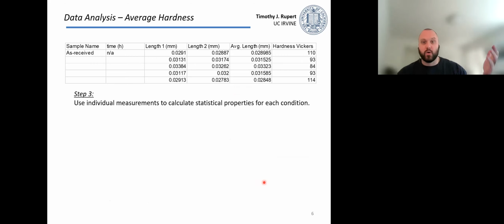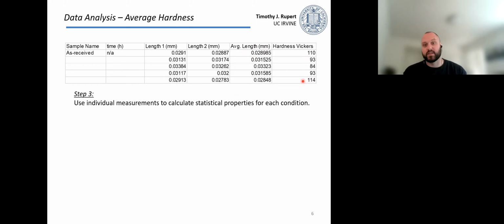With that, you can plug in and add another column to your data. So I've got the average length, and now I'm plugging in, getting a Vickers hardness measurement for all 5 of those indents I took. You can notice that they're not all exactly the same. That's okay. Maybe I'm probing slightly different areas of my microstructure.